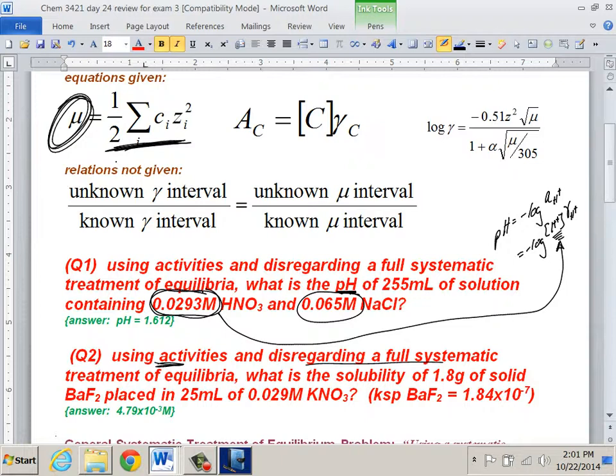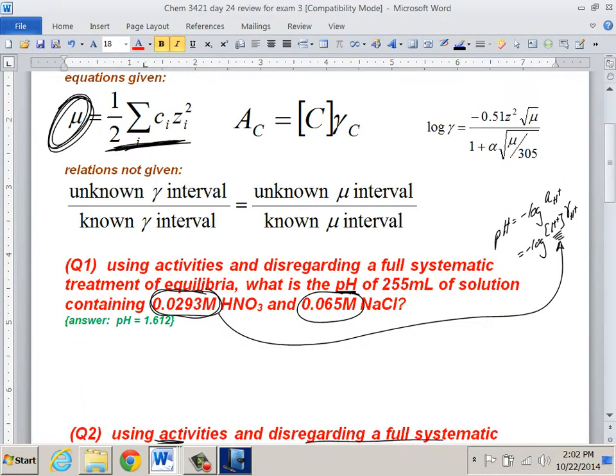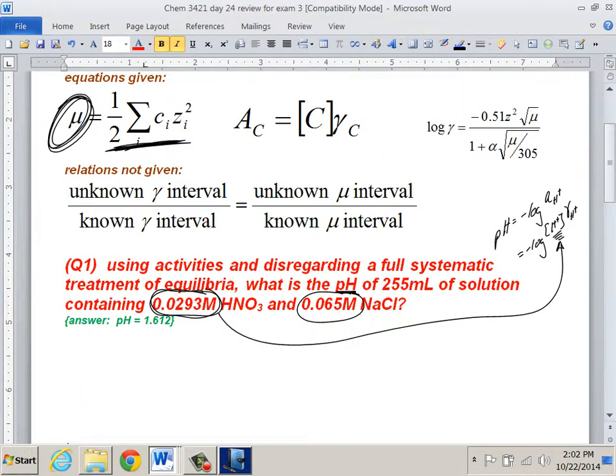So find the ionic strength. I bet you, 0.065 and 0.0293, you add them up, I bet you it's not going to be in the table.